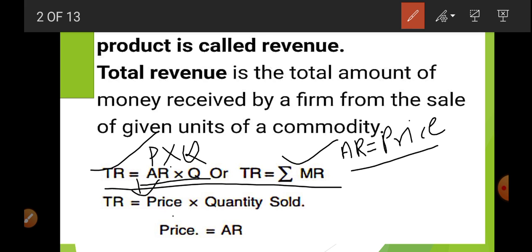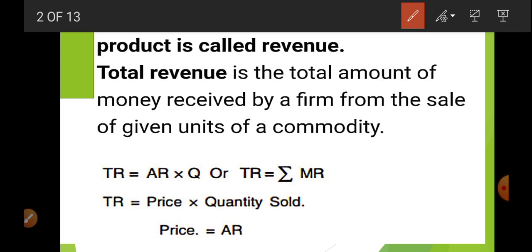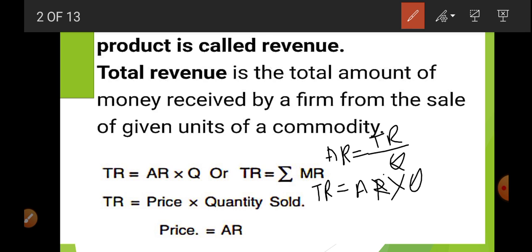How has this equation been derived? So we know that AR is equal to TR upon Q. Okay, and TR is what? TR is equal to AR multiply Q. So when we put this equation in this equation, so what we can write?